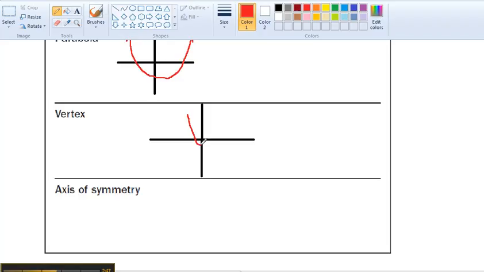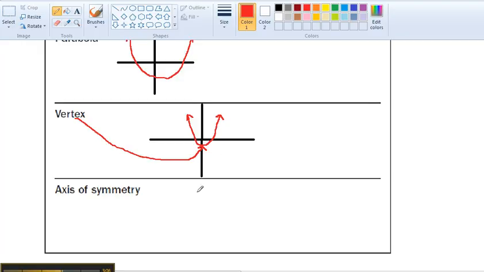Might look something like this. Okay, now here's what the vertex is. It's going to be this thing right here, right where it bottoms out. Now sometimes it's going to be when it tops out too, but for right now we'll just use this as our example. It's right where it bottoms out on the U-shaped graph.